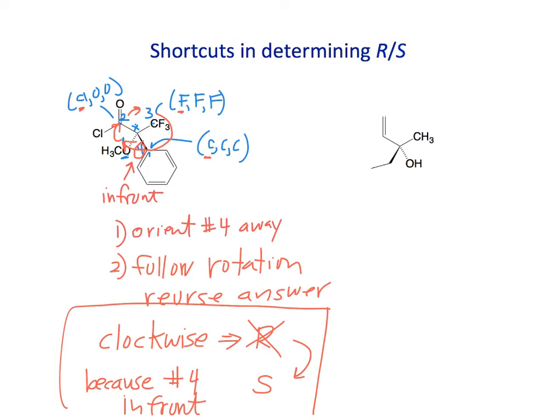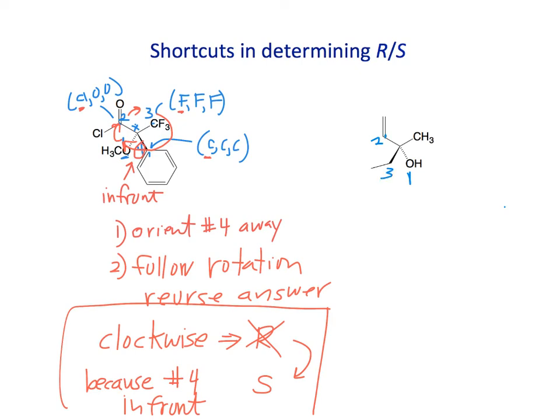All right, one more example, one more shortcut. This is the last one we'll do. So let's look at the stereogenic center. Okay, we have 1. Let's rank the different groups. OH is number 1. What's going to be number 2? Okay, this is going to be 2 because that carbon is bonded to 2 carbons.